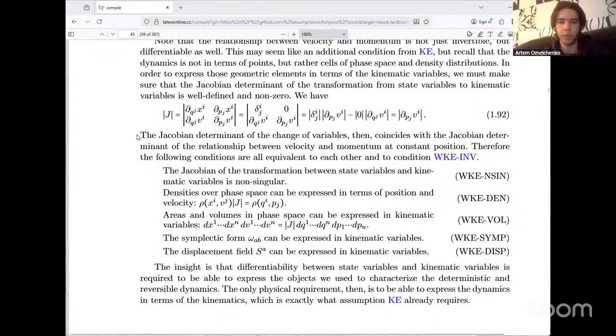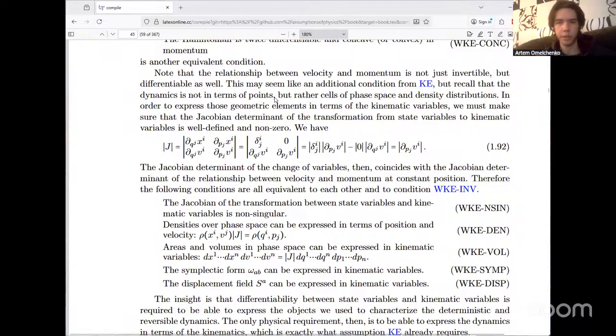So the Jacobian determinant of the change of variables then coincides with the Jacobian determinant of the relationship between velocity and momentum at constant position. Therefore, the following conditions are all equivalent to each other and to the condition of invertibility.